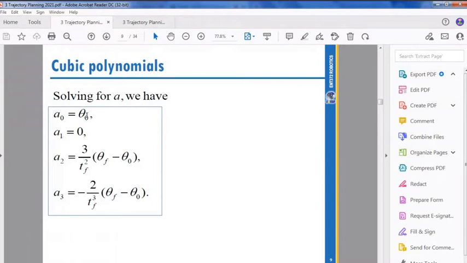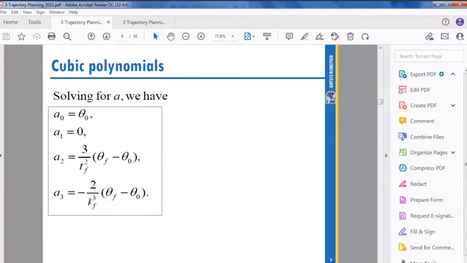So A0 is your starting or initial position. Theta final is your final position of your robotic arm. Theta 0 is your starting or initial position. Time final is the duration of your arm move, how many seconds you want your robotic arm to move.